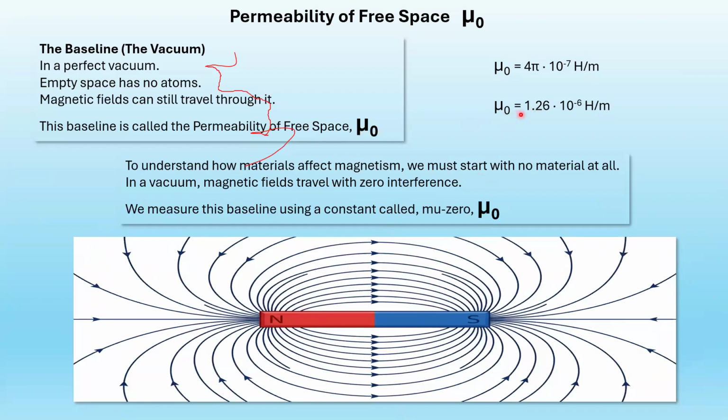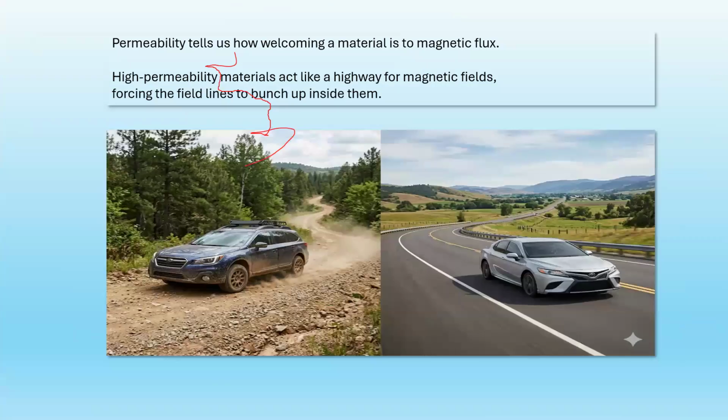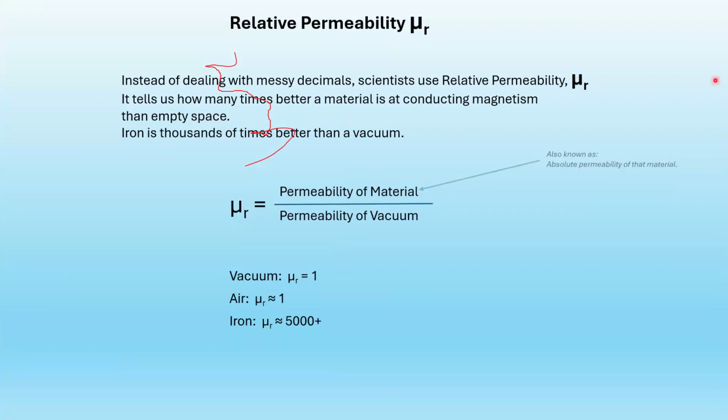The permeability of vacuum is 1.26 times 10 to the negative 6 henries per meter. So permeability of the vacuum is our base. So comparing vacuum to vacuum, if you put that into the numerator and the denominator, we're going to have a number divided by the same number, so vacuum compares to vacuum as 1 to 1. So we get 1.